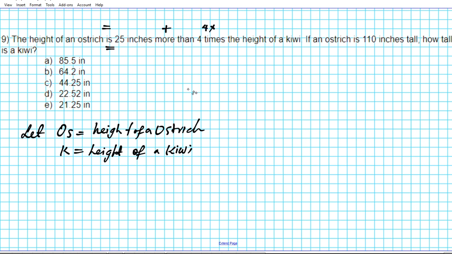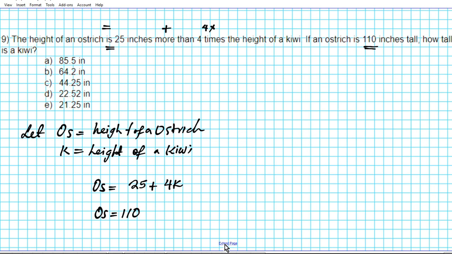The height of the ostrich, OS, is equal to 25 plus 4 times the height of a kiwi, 4K. We're also told that the height of the ostrich is 110. So OS is 110. The question is, what is the height of the kiwi?